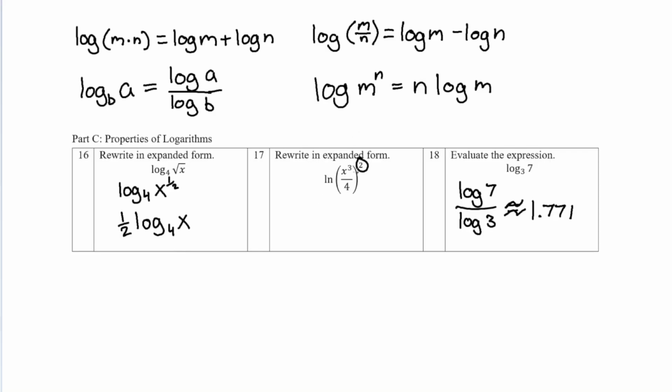And that's it. Number 17, that one, well, we get some more interest here. One of the things I can do is bring down this 2, and one way to look at it is that this x to the power of 3 has a power of 2, and 4 has a power of 2. Cool. And so I'm going to go ahead and bring this down in front now, and then later on I'm going to be splitting it up because we see we can use the division rule here.